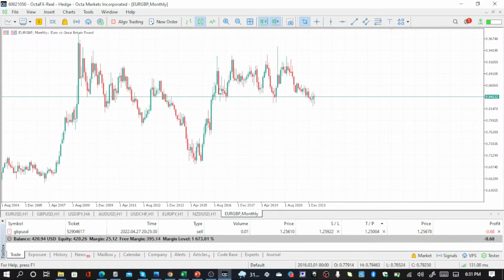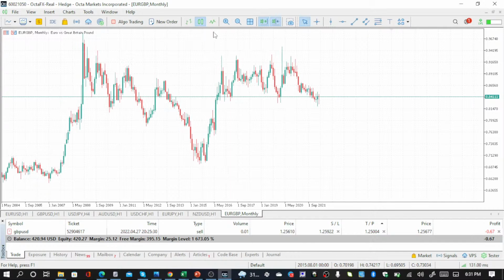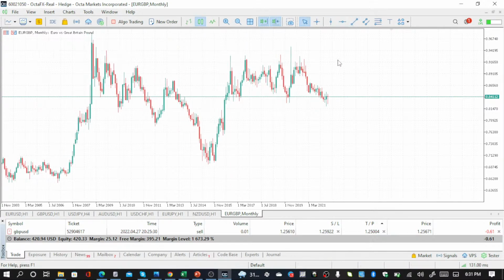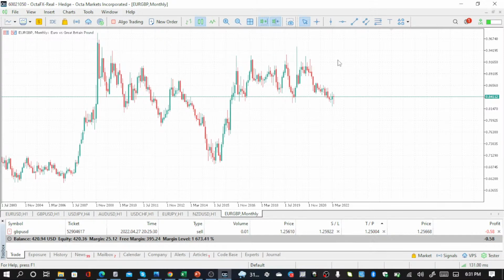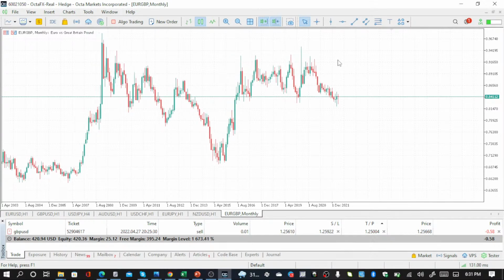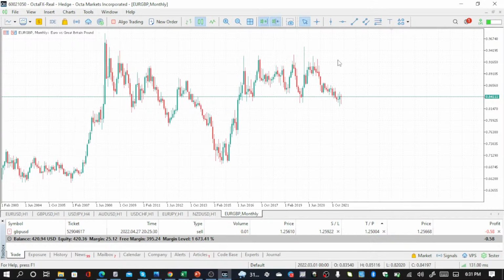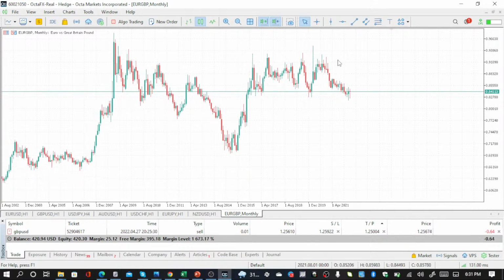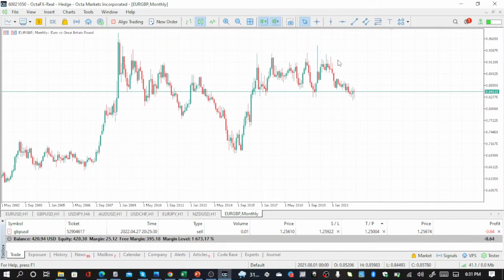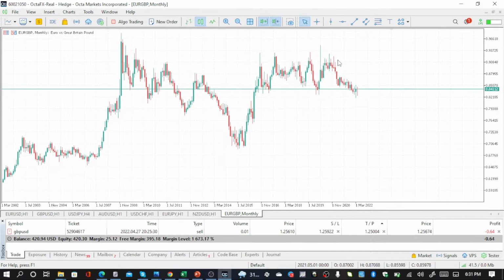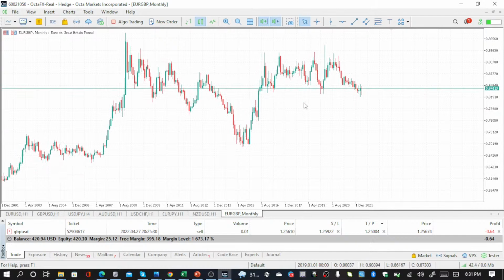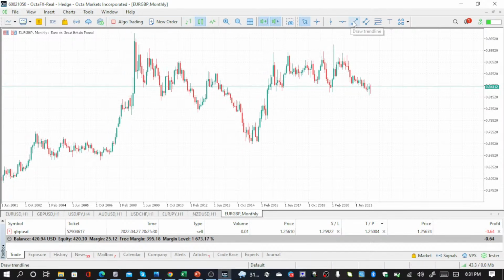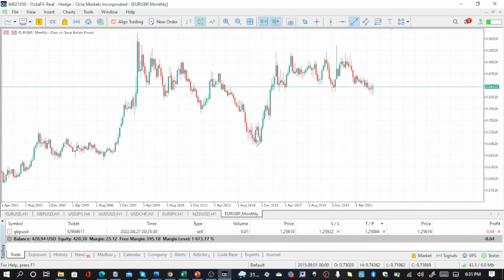Okay, now from what we can see here on the monthly time frame, I told us that the first thing we want to ask ourselves is, what is the current market structure? So the current market structure is telling us that we don't have a clearly defined structure yet.